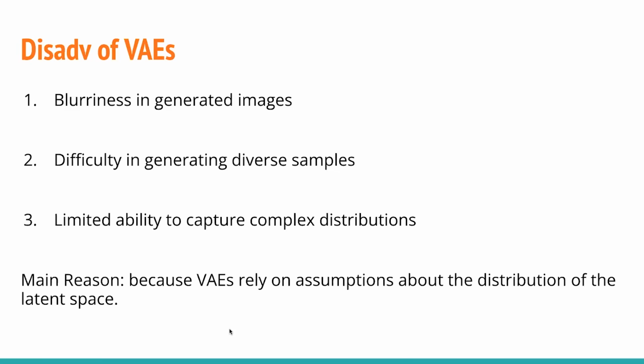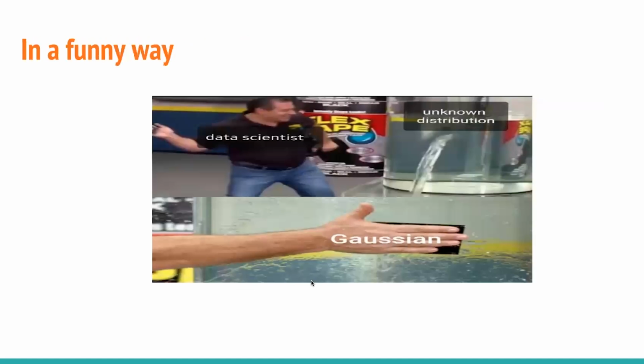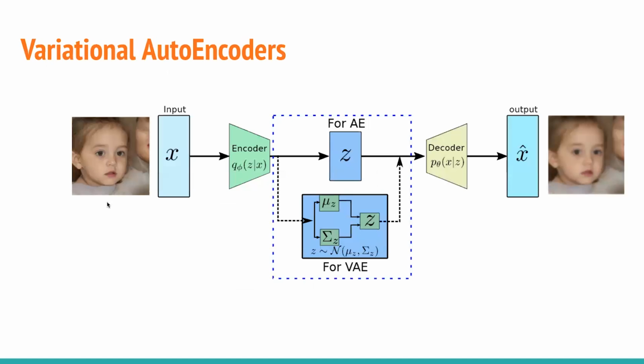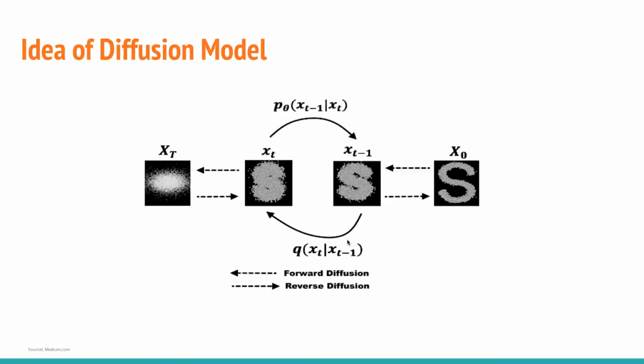The main reason behind that is every time we want to map our complex image distributions to some simple distributions, and this assumption has some drawbacks. So the idea of diffusion networks, or stable diffusion networks, comes from there.